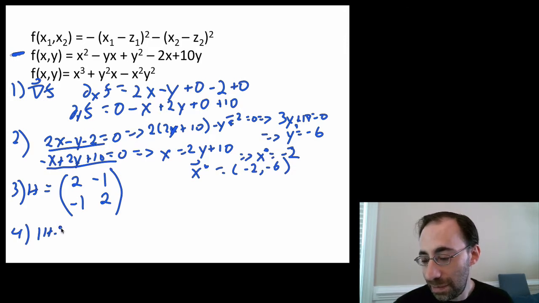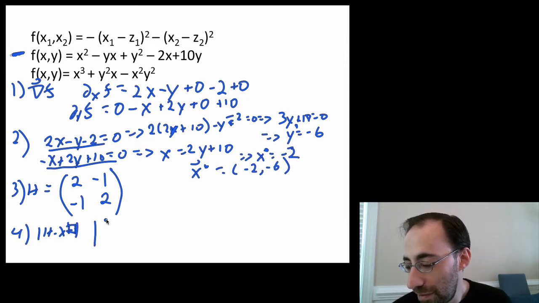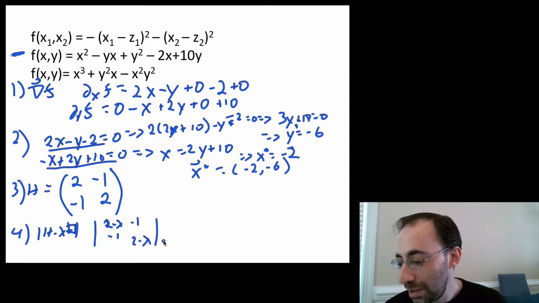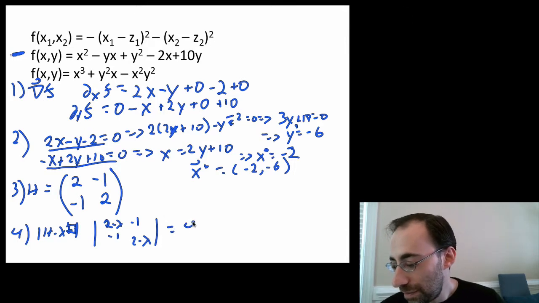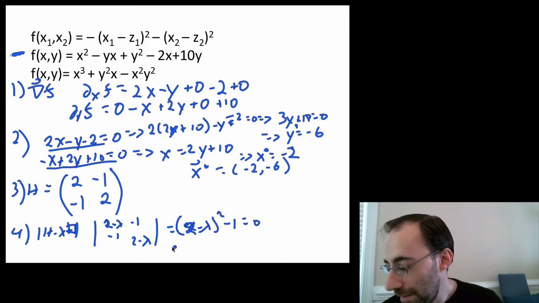Step 4, what are the eigenvalues? Well, it's going to be the Hessian minus lambda I. So the determinant of the matrix with 2 minus lambda, negative 1, negative 1, 2 minus lambda equals (2 minus lambda) squared minus 1, which equals 0.